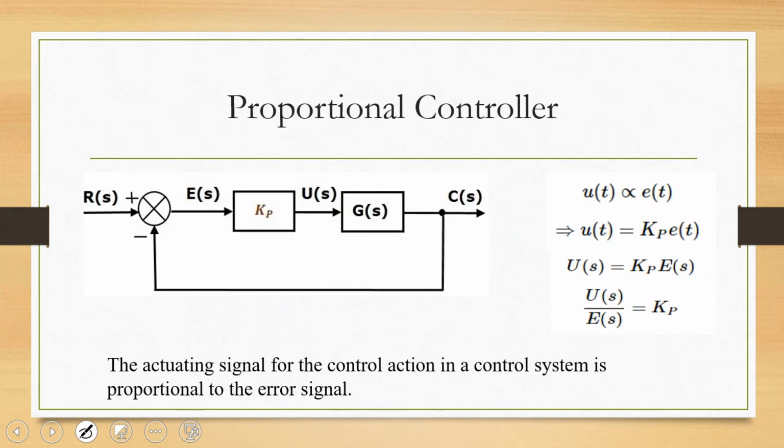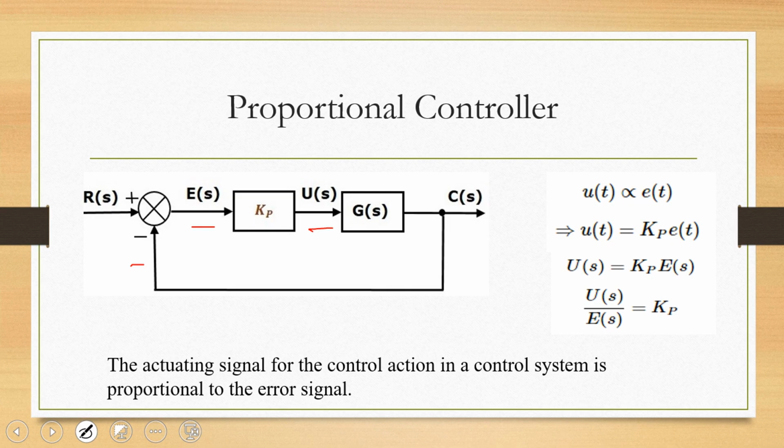The proportional controller is a device that produces a control signal, here U of S, which is proportional to the input error signal, E of S. E of S is R of S minus the feedback signal.